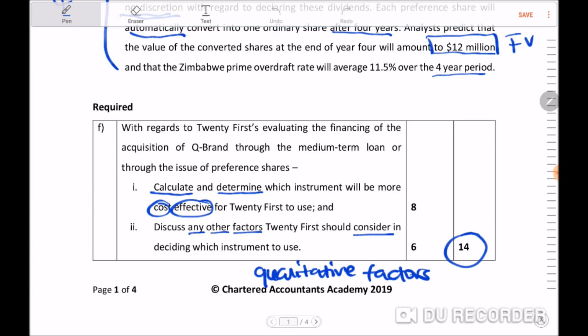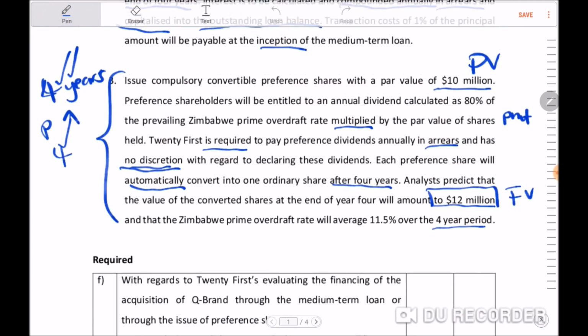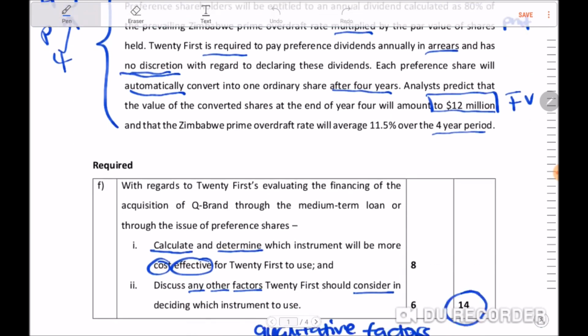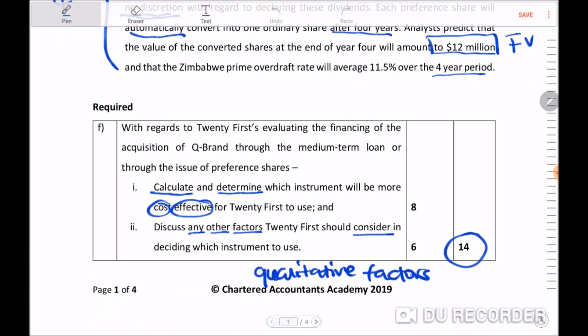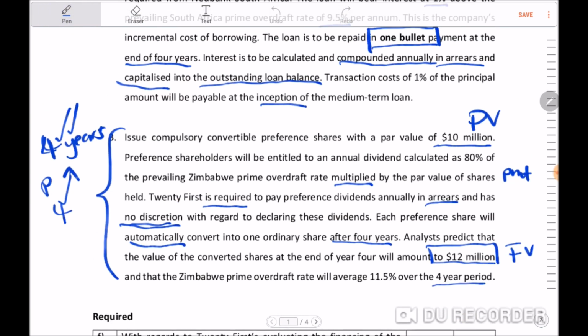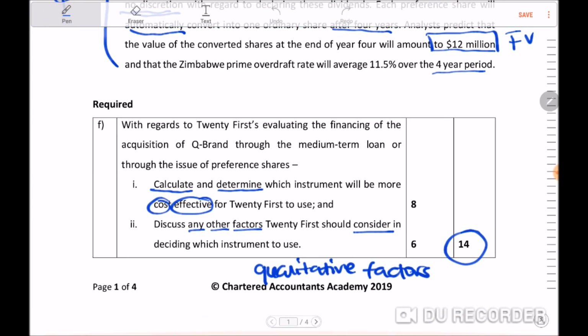Which tool can I use to demonstrate a cost effective financing instrument? So you're supposed to use the information that you've been given to come up with a solution. So in terms of the quantitativeness, we have selected the compulsory convertible preference shares because they are the cost effective, which now takes us to required 2.